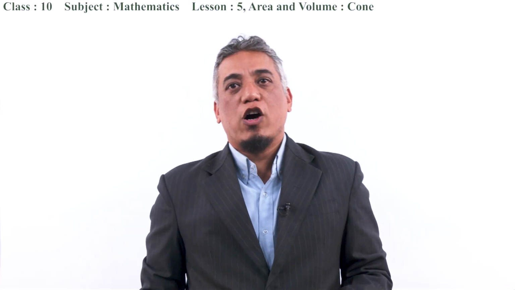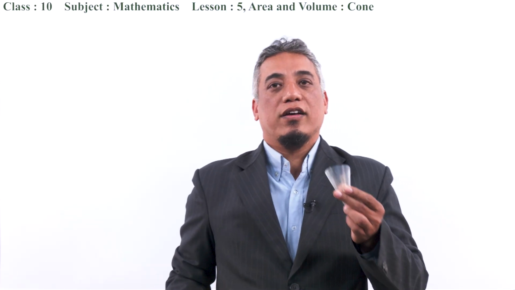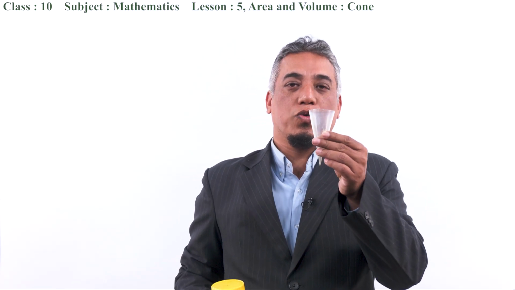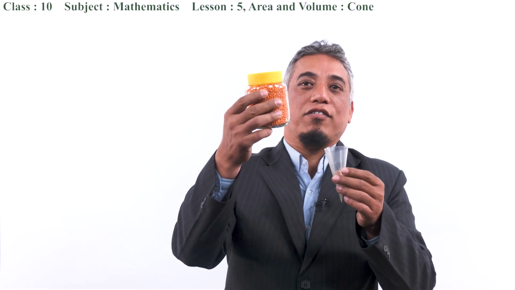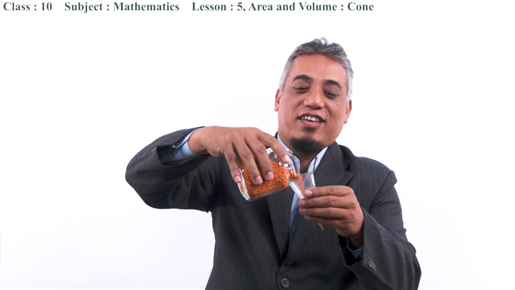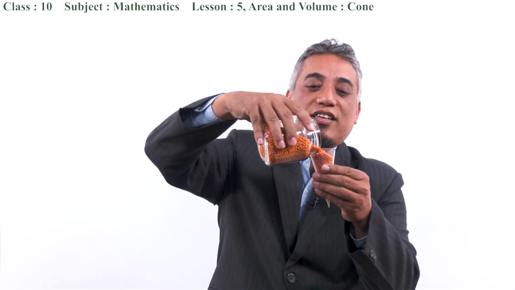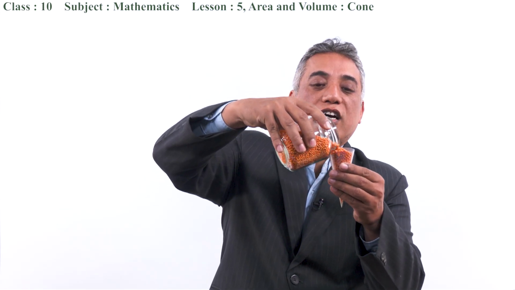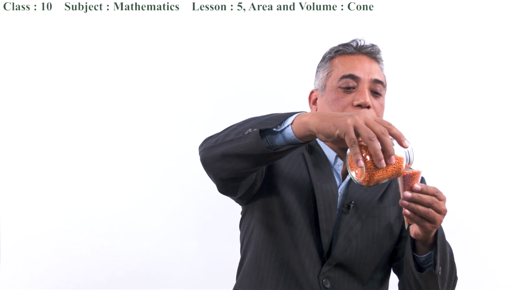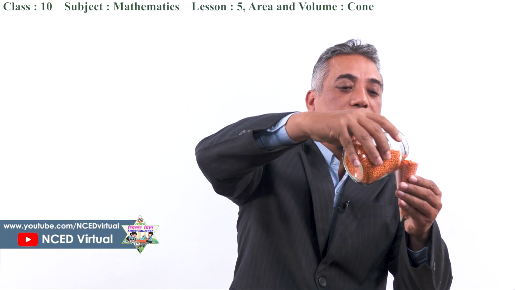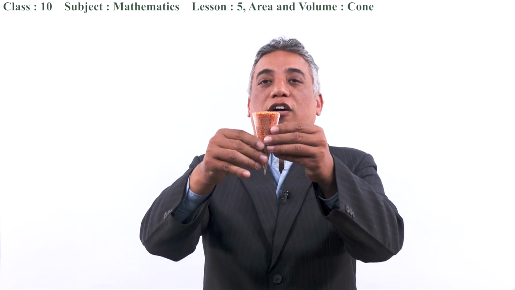Okay, now I'm going to pour something on this cone, this red lentil. So this cone is now full of red lentil. Okay, now you can see this cone is full of red lentil.